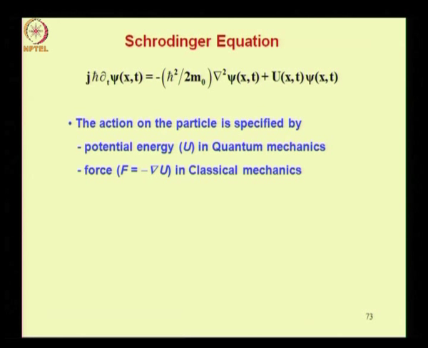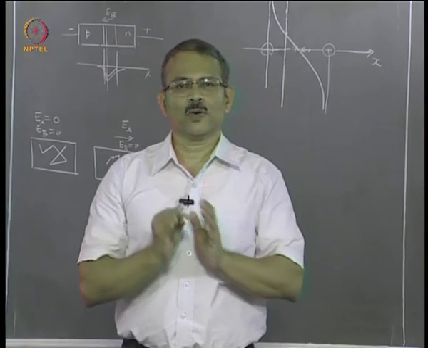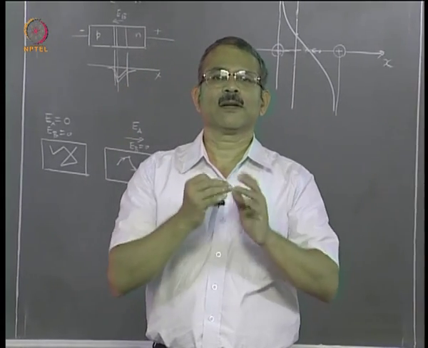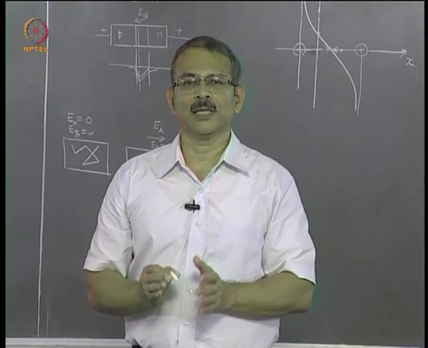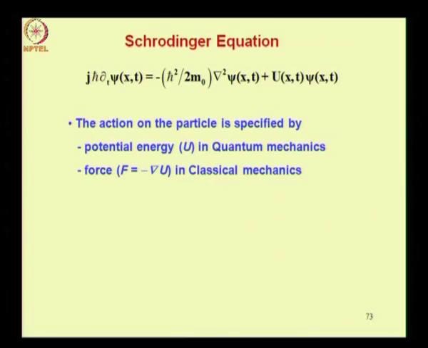Quickly, two points about this equation. The action on the particle is specified by potential energy U in quantum mechanics, but by force F, which is the negative gradient of potential, in classical mechanics. So you see, in Newton's law we used the forces to solve for the state of the particle, whereas in quantum mechanics, in the Schrodinger's equation, you have the term U which represents the action, and the relation between this potential energy and force is what is given here.